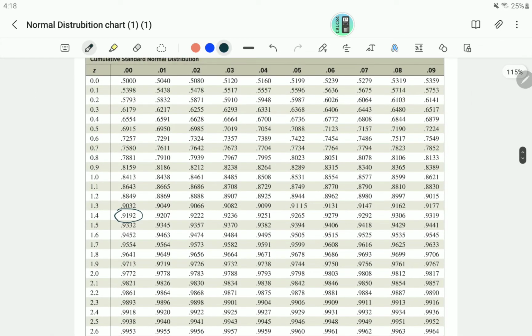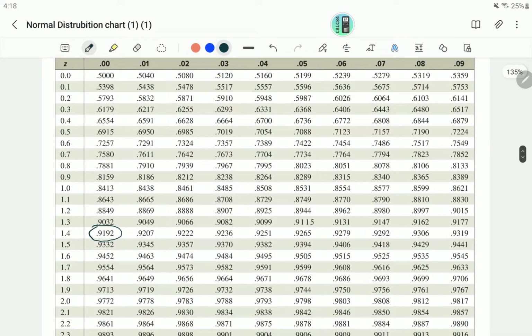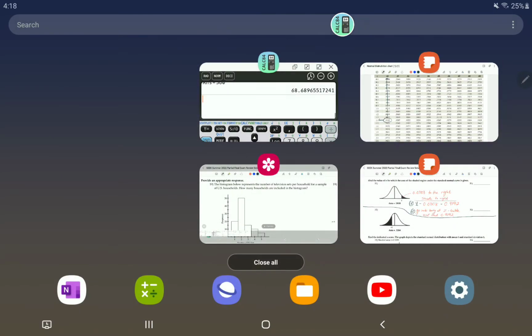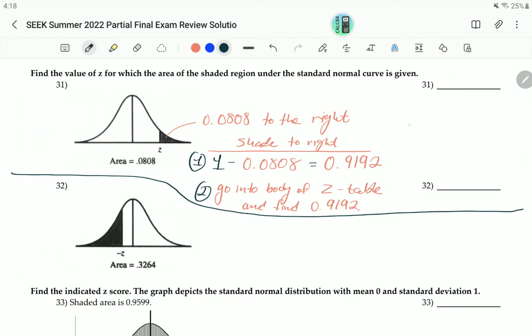So based on that probability, let's find the z-score. The z-score is going to be 1.40. Therefore, the answer is z equals 1.40.